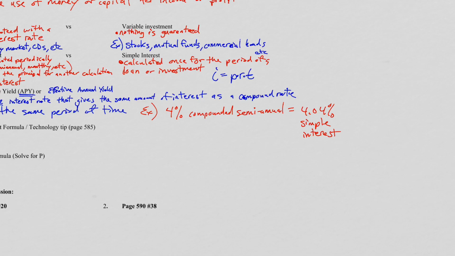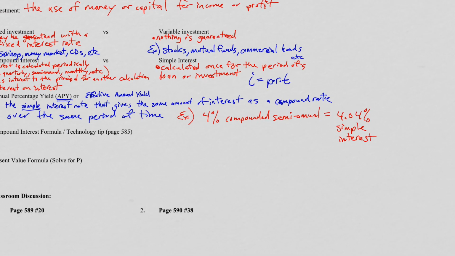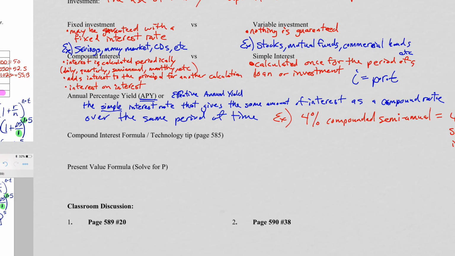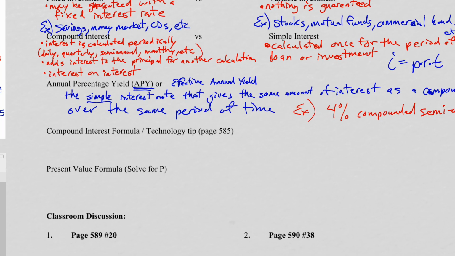So it takes more simple interest to equal the compound interest. The compound is more powerful, therefore you need less of the interest rate to equal the same amount as a simple interest. That's just for your information, so you are educated on that. You can read more about that in the book.